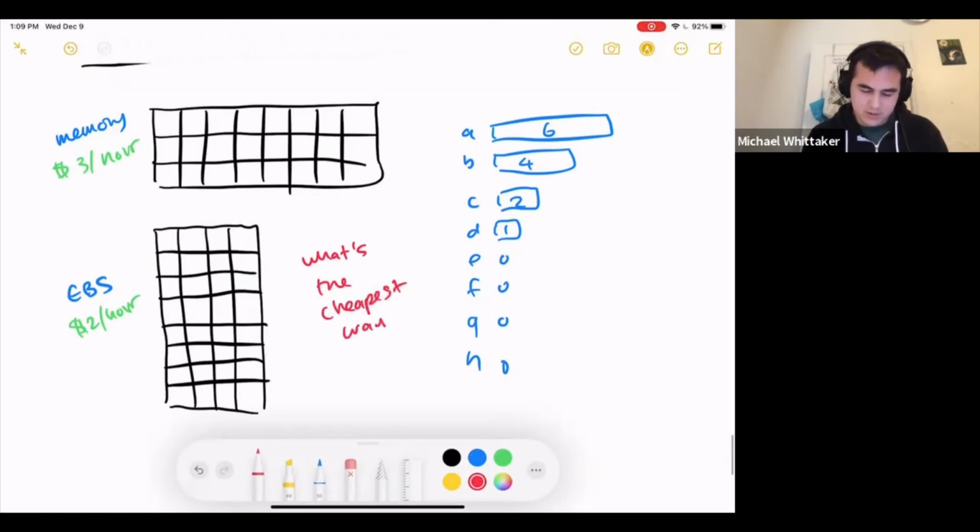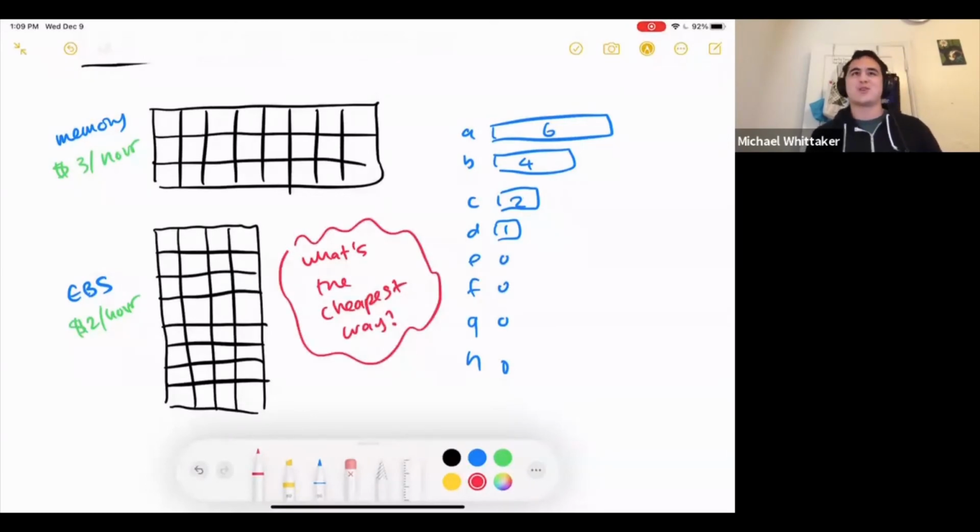You walk into the store, and I have two models for you, the memory model and the EBS model. The memory one is short, and the EBS one is tall and skinny. I have to make a choice of how many of each machine to buy, and then how to replicate and assign keys to different machines to fit.